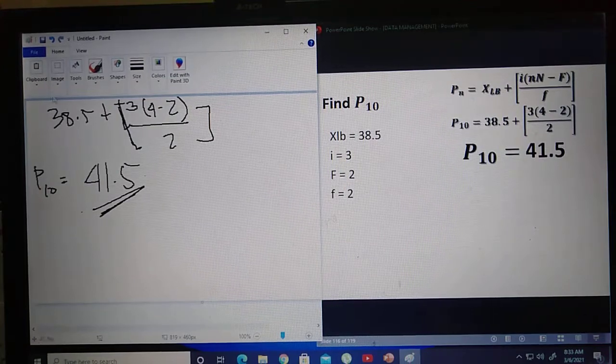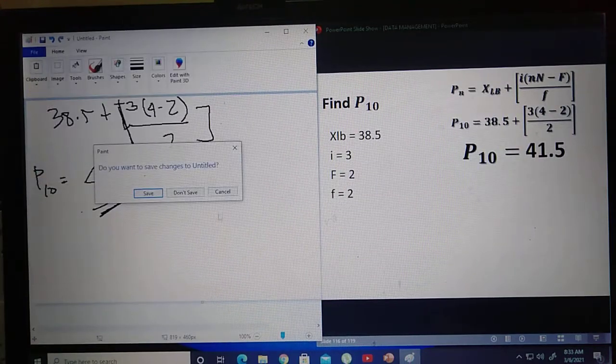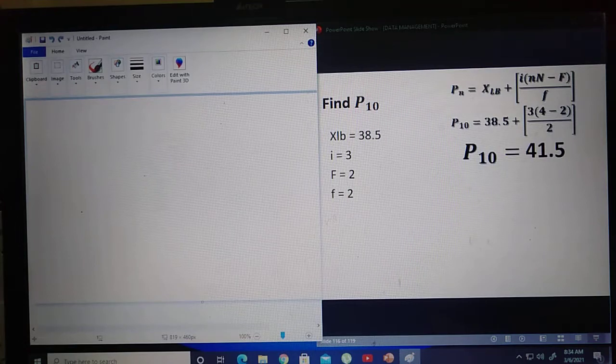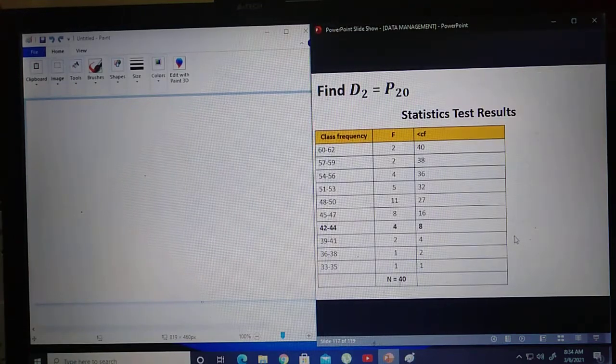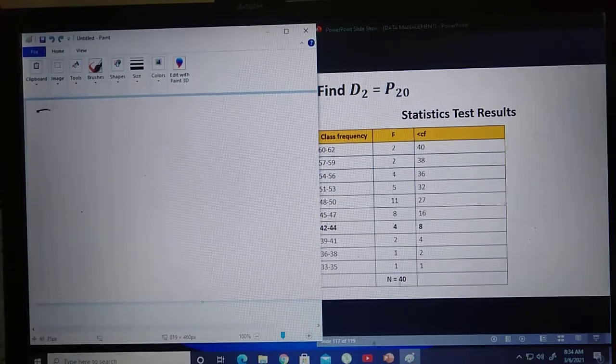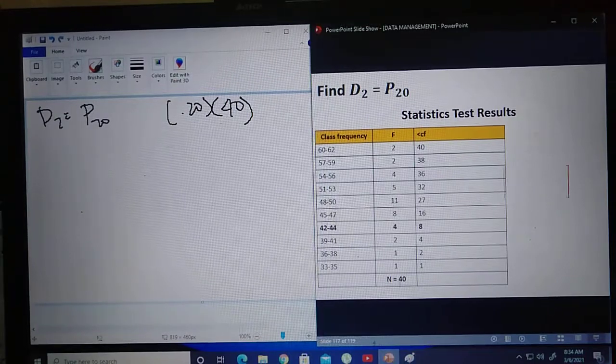So for the last one, we have decile. Decile naman yung hinahanap. We are looking for D2. So D2 in percentile, that is P20. So 0.20 lang yan. 0.20 times 40 ulit. So saan makikita si 0.20 times 40? Nasa 8. Correct. 0.20 times 40 is 8.